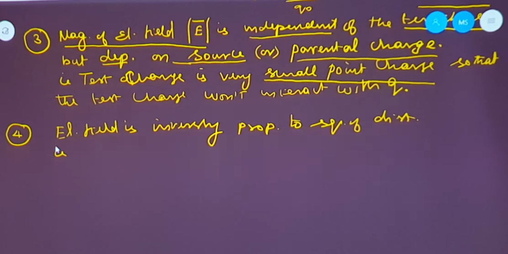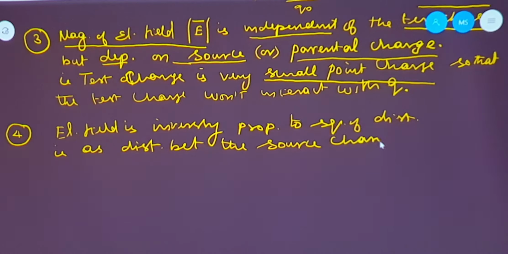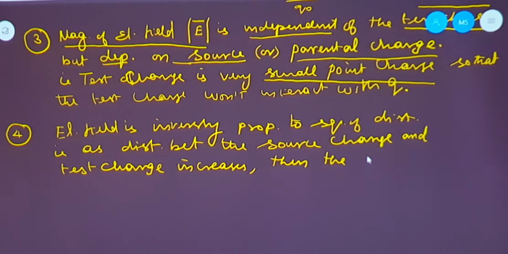That is, as distance increases, what happens? The electrical field decreases. As the distance between the source charge and the test charge increases, the electrical field goes on decreasing.